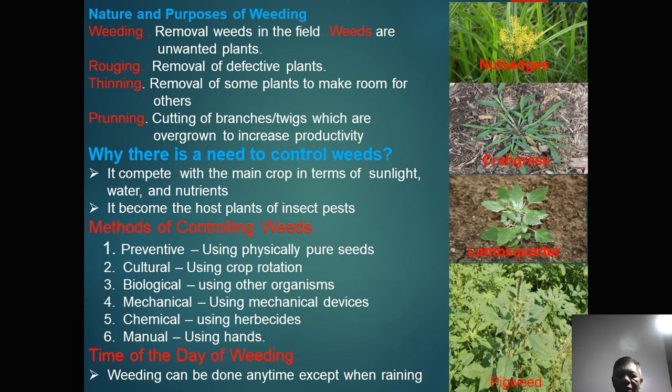There are some instances when weeds will suddenly grow in the area where you planted corn. So because of these weeds, they can compete with our corn plant, and so we need to remove them. Competition in terms of sunlight, competition in terms of water, competition in terms of nutrients, which is very critical.